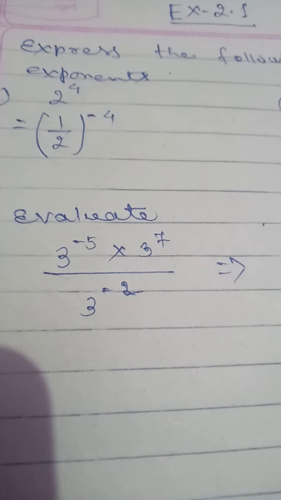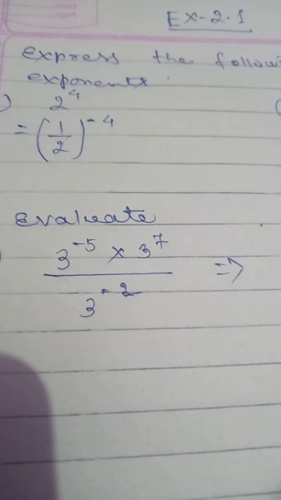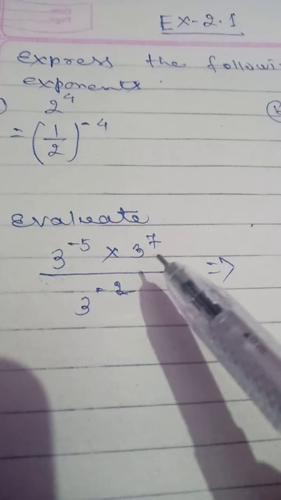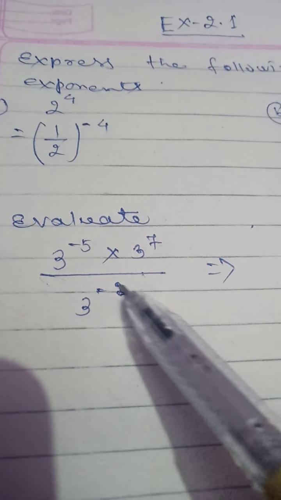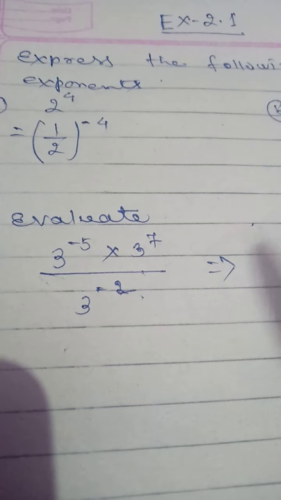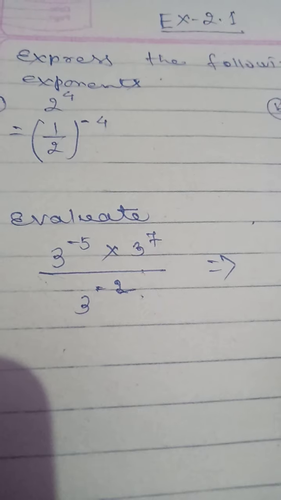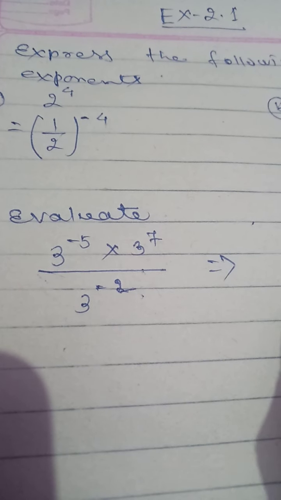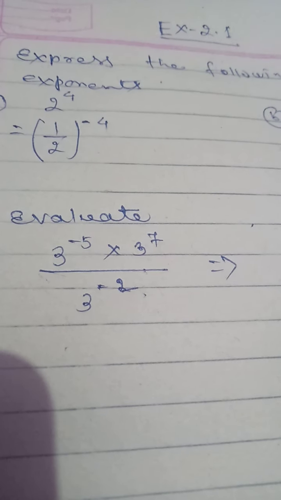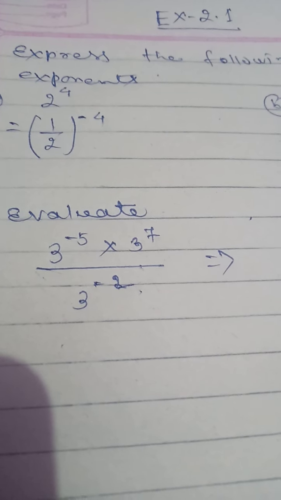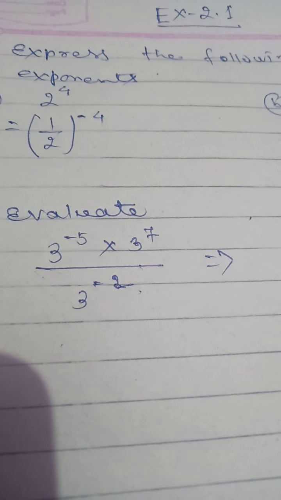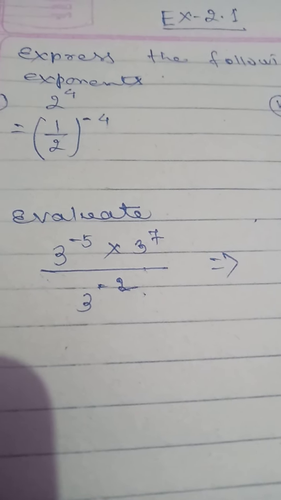As we know that the bases are the same, we bring this number up. So 3 raised to power minus 5 into 3 raised to power 7 into 3 raised to power 2. When we bring this number up, the negative form of the exponent becomes positive.